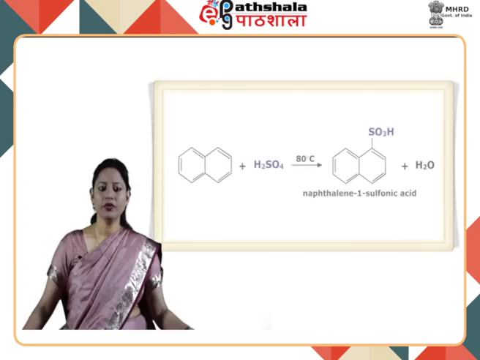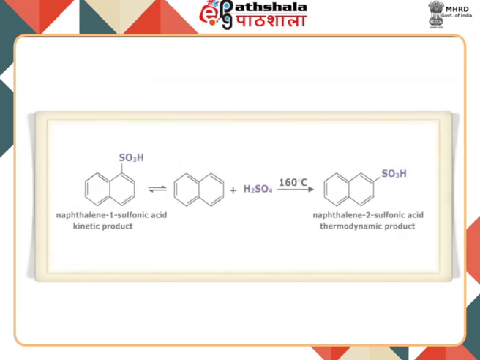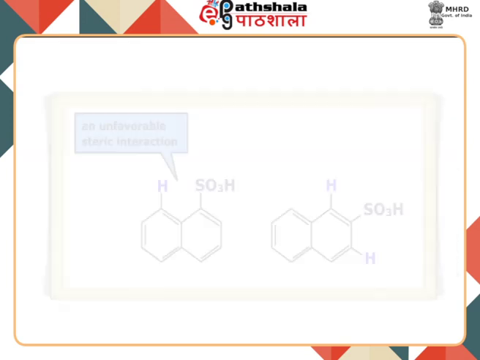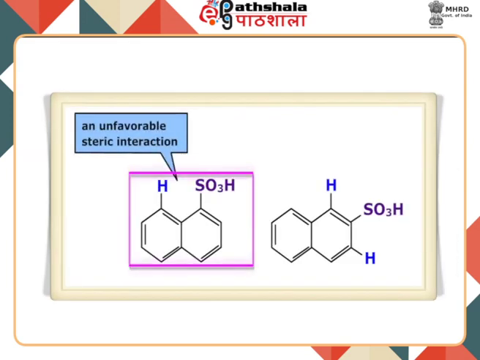If sulfonation of naphthalene is carried out at 80 degrees Celsius, that is under irreversible conditions, the kinetic product, that is a 1-substituted naphthalene, is formed. However, under reversible conditions at 160 degrees Celsius, a higher temperature, the thermodynamic product, that is the 2-substituted naphthalene, is formed. The kinetic product is easier to form because the carbocation leading to its formation is more stable.